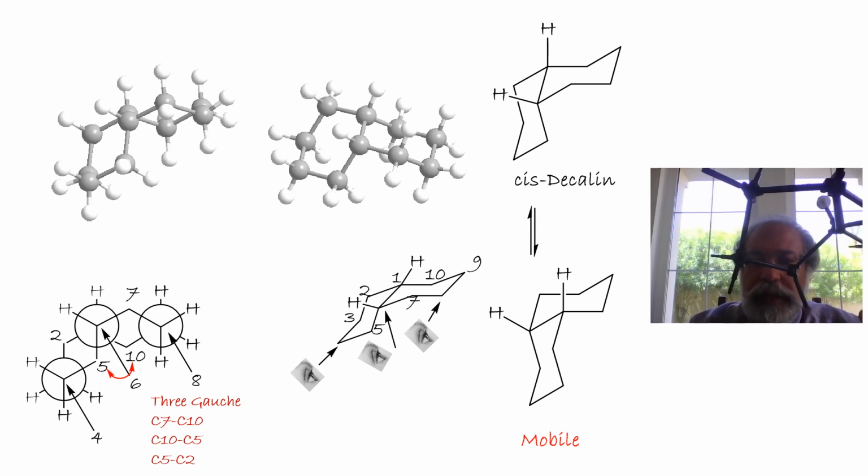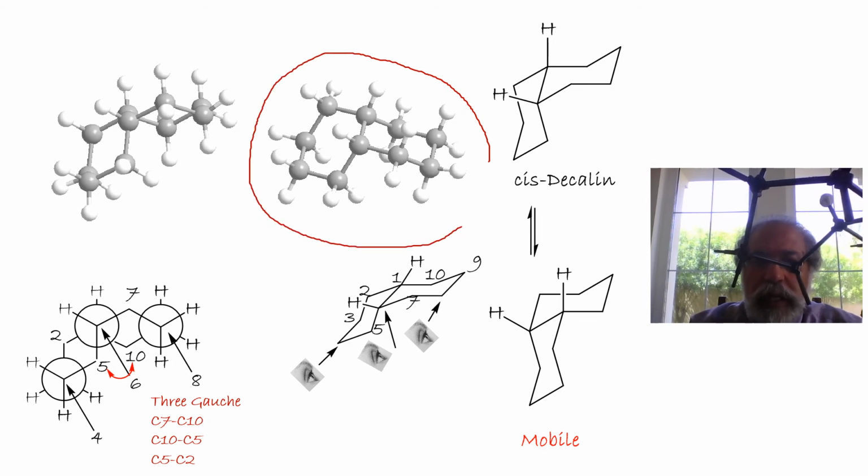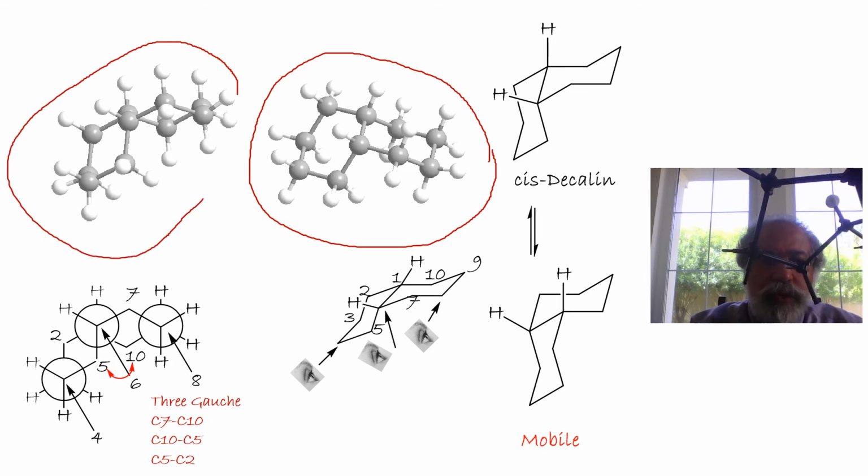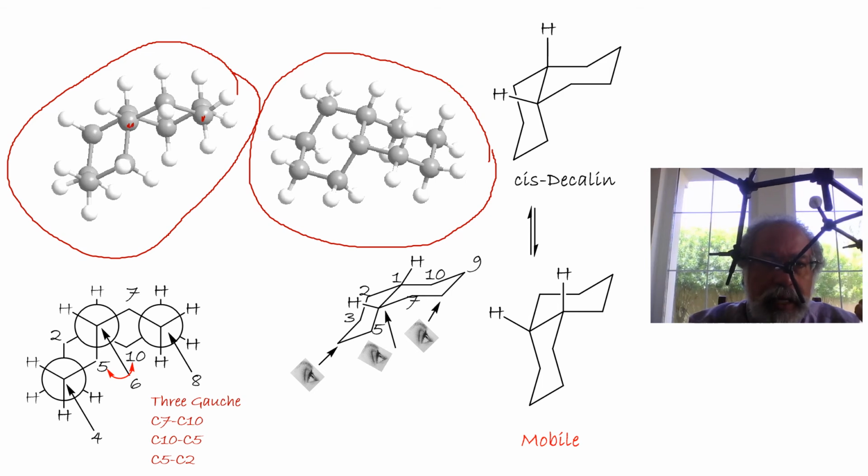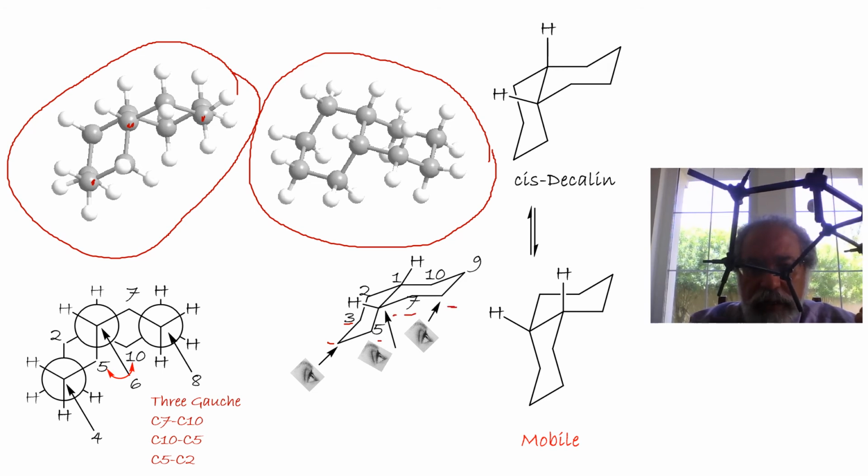The best way to analyze this molecule is to draw it in 3D and put the molecule in a way that you can easily draw the Newman projection from carbon 8, carbon 10, 6, and carbon 4. The number system is 1, 2, 3, 4, 5, 6, 7, 8, 9, 10. That's how we number the carbons.